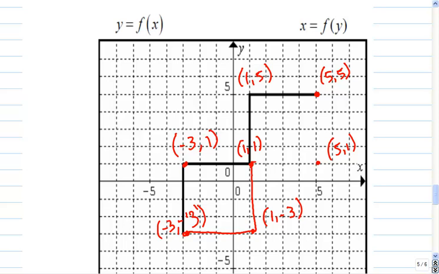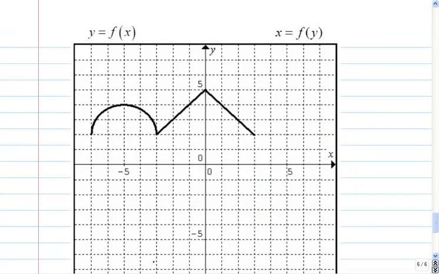So here's what your graph should look like. If you verify that, there's your reflection. If I do the same thing, that means this point here, I believe goes there. And let's see here, this is -3, +2, so +2, -3.